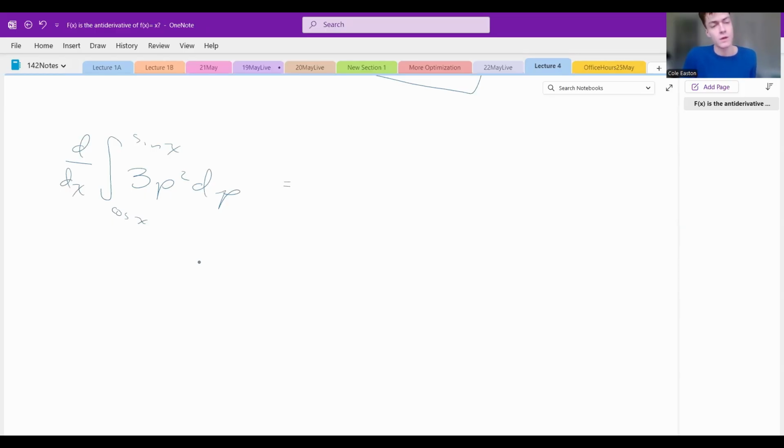Well, I do know how to take the antiderivative of 3p squared. We're going to use our reverse power rule, and I know that p cubed has a derivative of 3p squared. So my antiderivative is p cubed, and I'm plugging in as my limits cosine of x and sine of x. Then I'm just going to copy down that derivative that I have out in front, so we'll deal with that at the end.